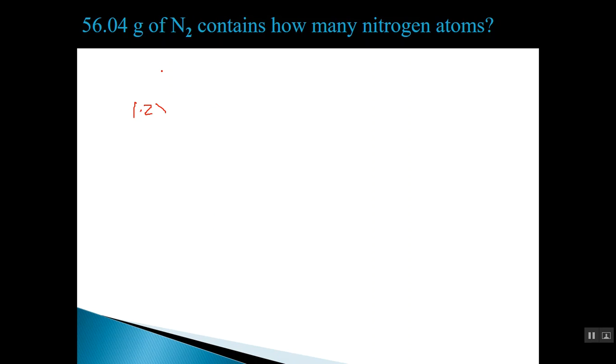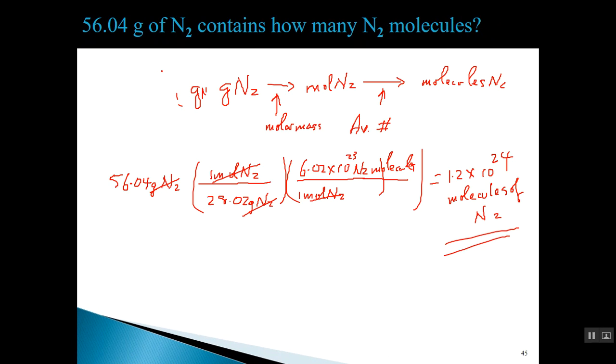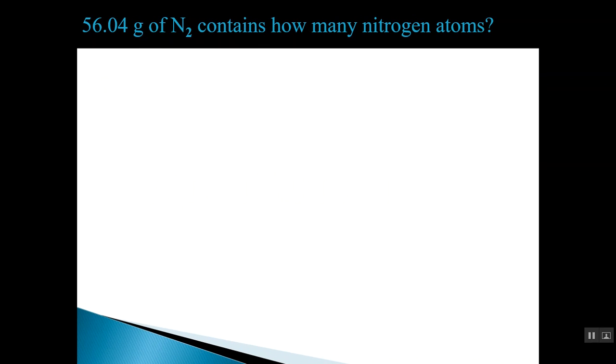What was it? Let me go back to the previous slide. It was 1.2, and actually it should be 1.20. I'm sorry about this, but this should be expressed in 3 sig figs. So let me put a 0 here. Okay, so that's the result we're going to use in the next solution.